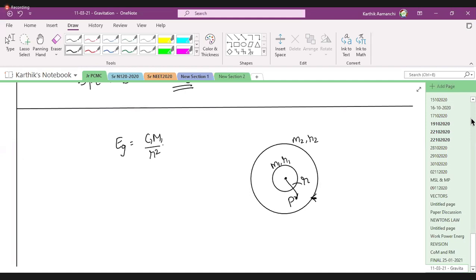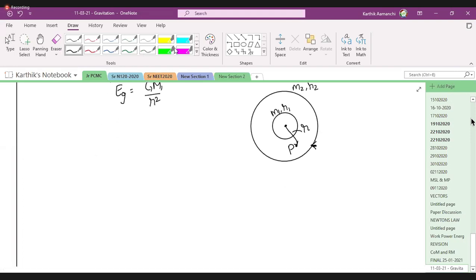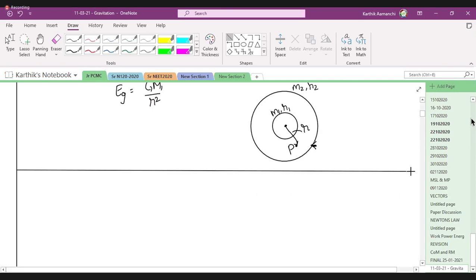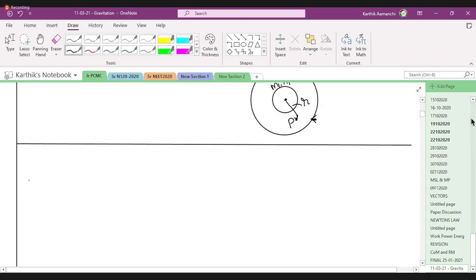Gravitational acceleration on the surface of a planet is root 6 by 11 g.